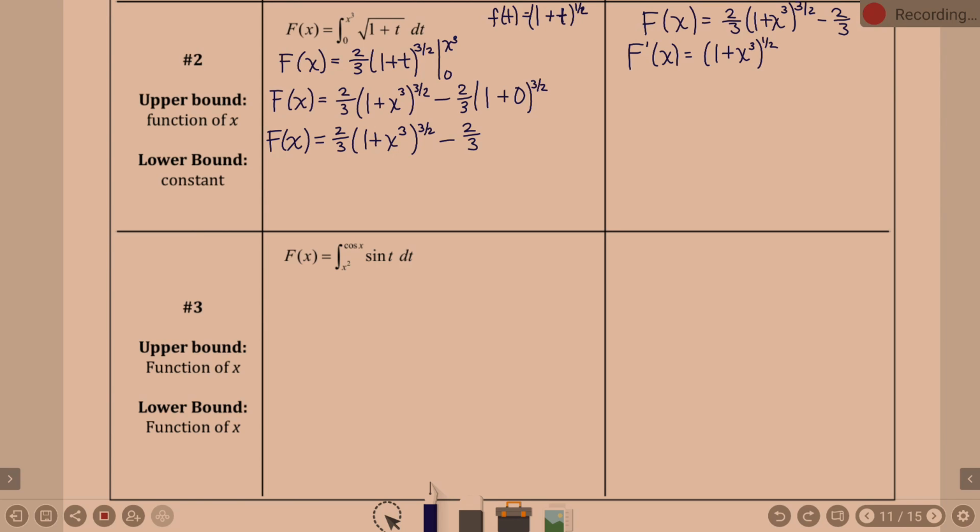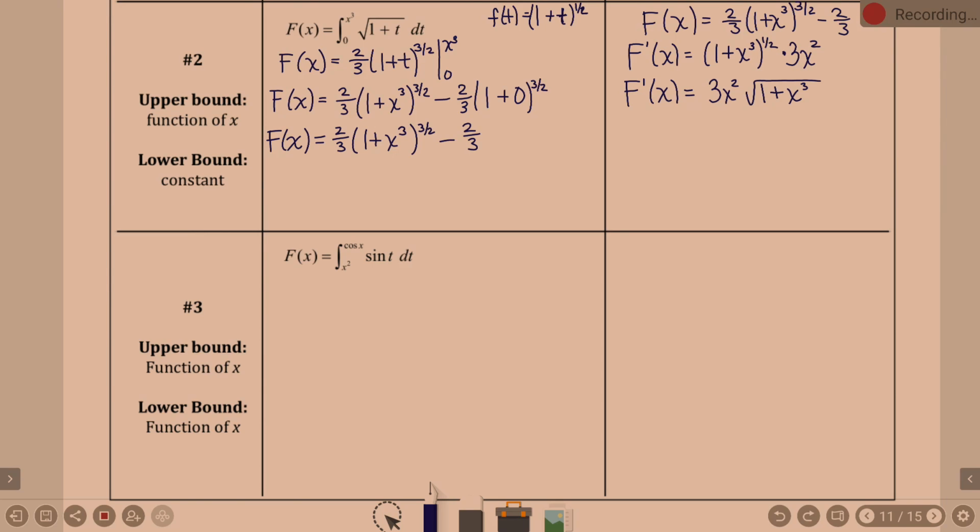So this was the derivative of something to the 3/2 times the derivative of something. The derivative of 1 plus x cubed is 3x squared. Minus the derivative of 2/3, which is nothing. Does that look like it matches? I can clean this up a little bit and just say 3x squared times the square root of 1 plus x cubed.